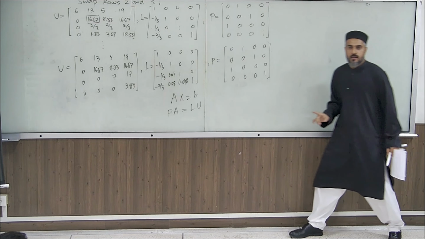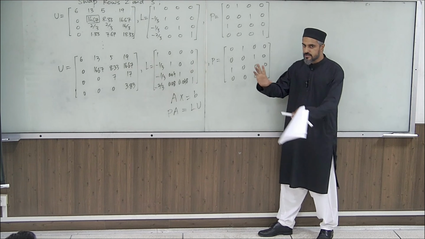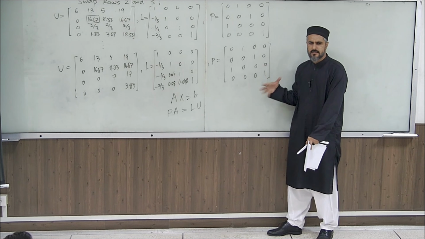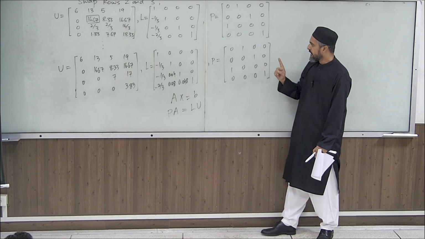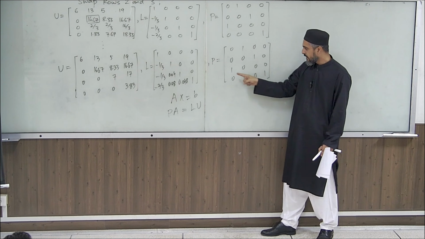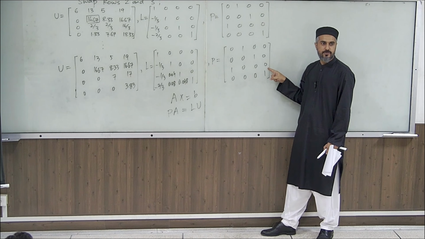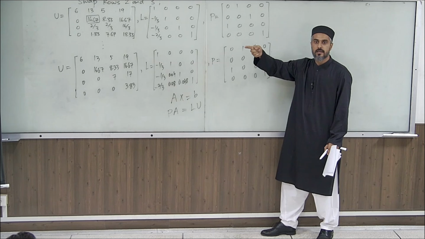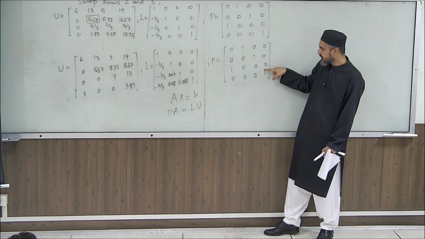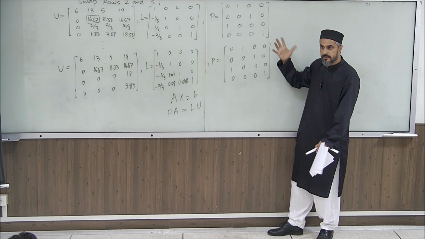Because just understand it this way: this P says that whatever the original A is, now the row number 1 comes at row number 3. In the original A, the row 1 has come to row number 3.